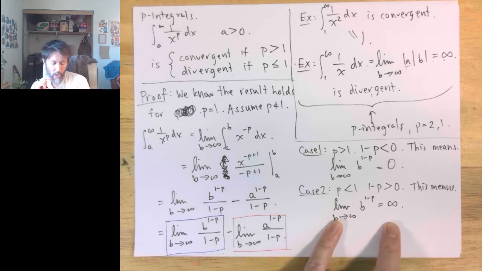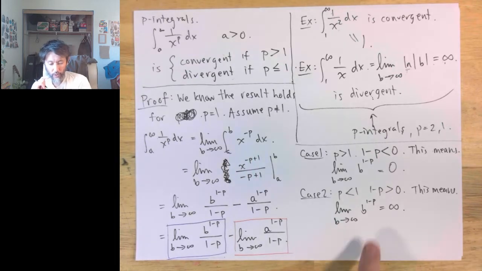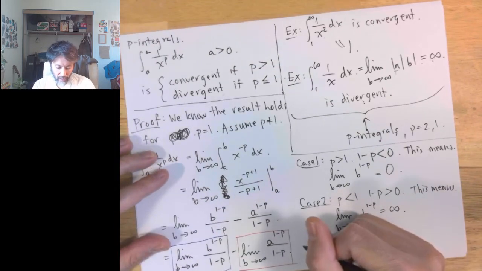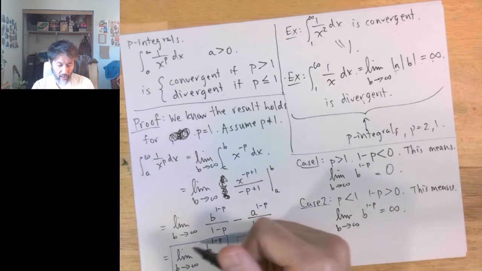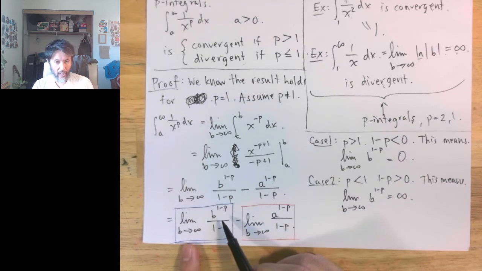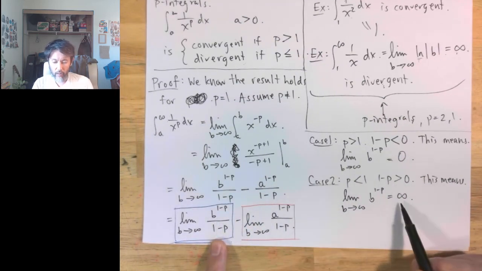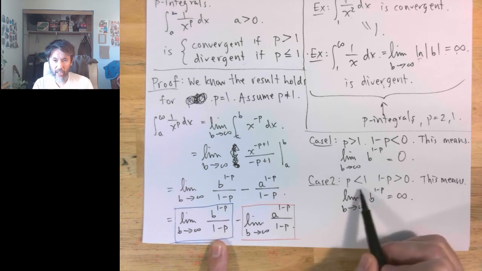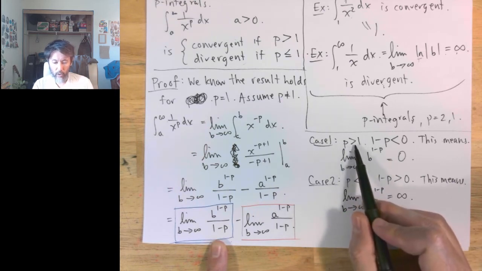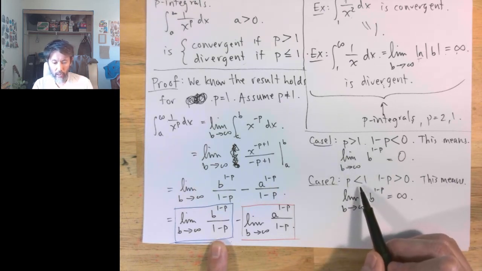Yeah? Okay. So then, putting these two facts together, what that means is that this blue quantity, this blue rectangle here, is either 0 or infinity, depending on the nature of P, whether it's bigger than 1 or less than 1.